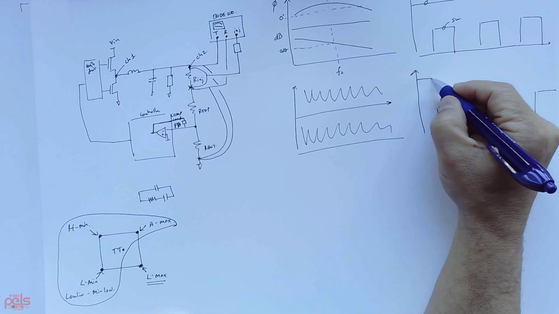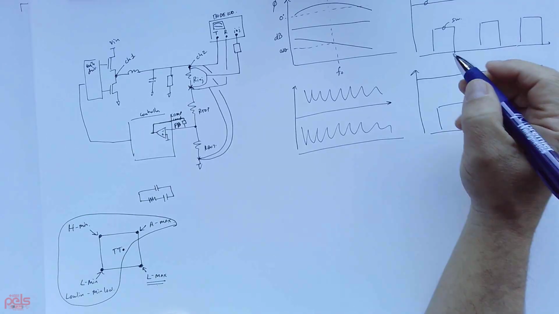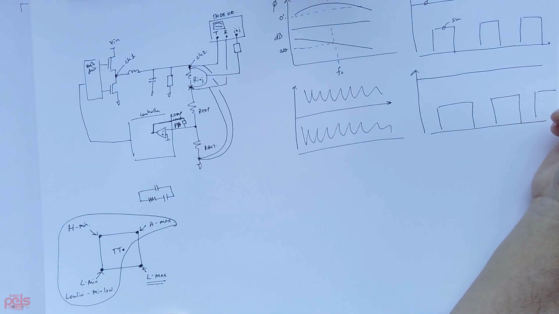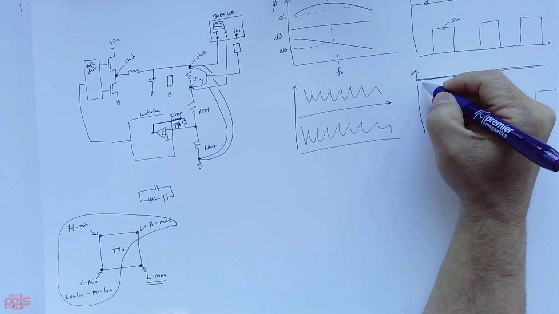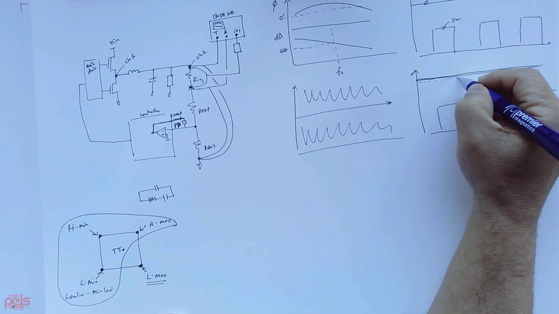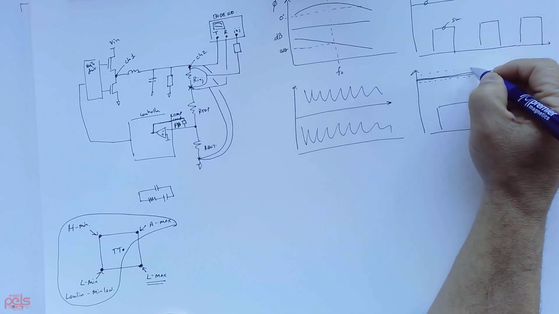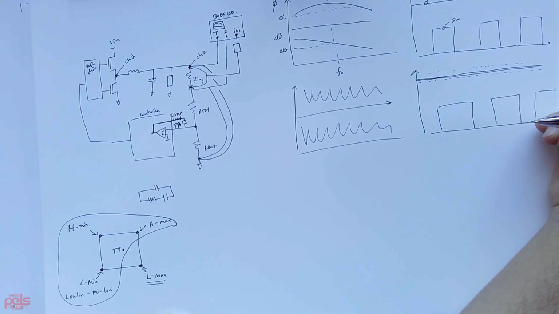And the output voltage, because it's loaded to maximum, had a droop to it, but it was still within the window of regulation, and that's important because from a requirements point of view, I still meet requirements.